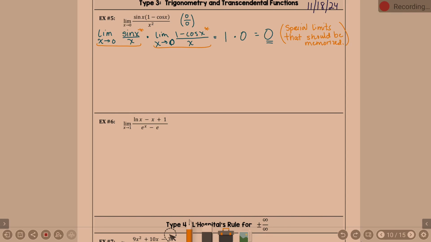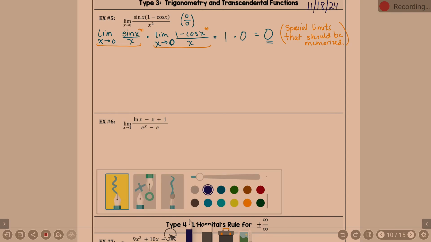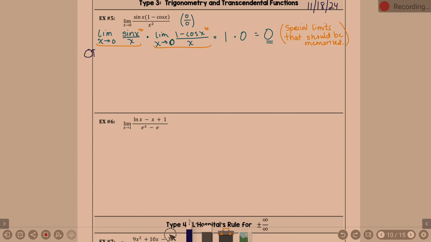Now, what if you don't recognize that? Is that guaranteed that you're going to see that split up? No. It's really, really helpful if you do. But if you don't, can we try L'Hopital's rule? Sure. We can. Okay. Now, keep in mind, before we try L'Hopital's rule, officially, what do we have to do?